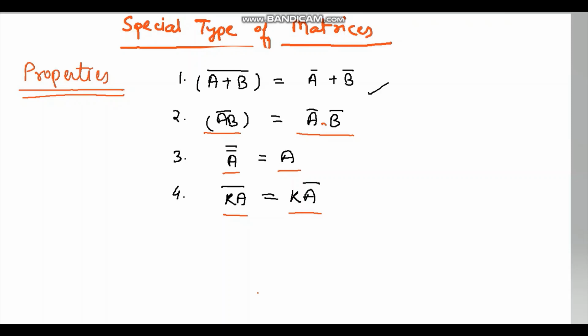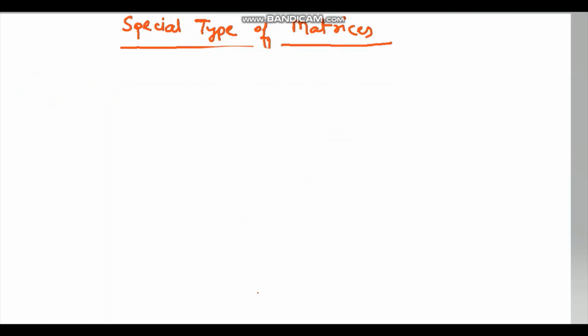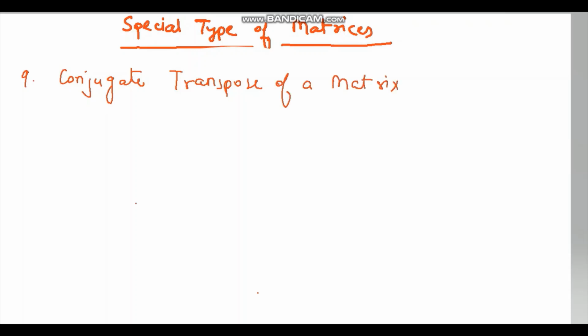Next we will see what the complex conjugate transpose of a matrix is, and it is denoted as A to the power theta.